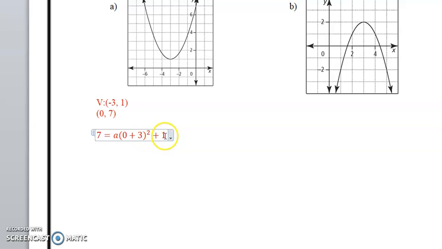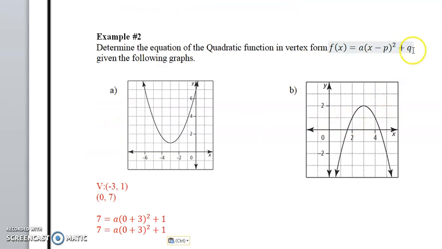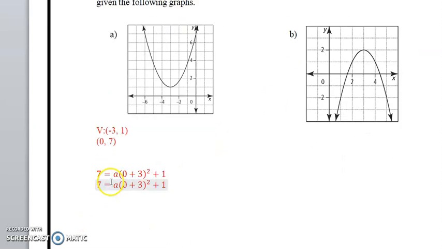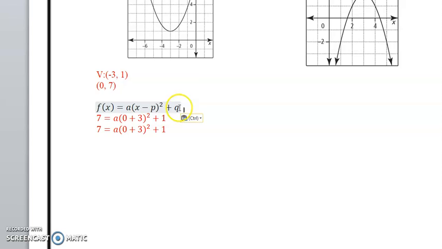So I'm just going to recopy that. I like to leave my equation there and showing where I filled everything in. So I'm just going to put that back in. Should have copied it again. I do apologize. And then we'll solve. We'll bring the 1 over now. So 7 subtract 1 from both sides, you get 6. That'll get rid of the 1 on the end there.